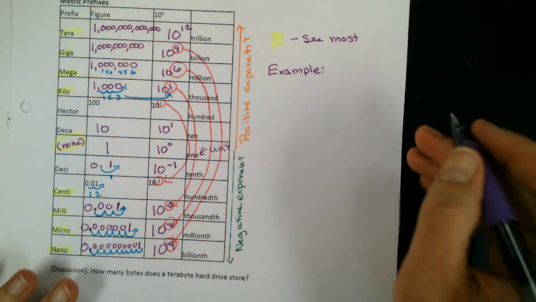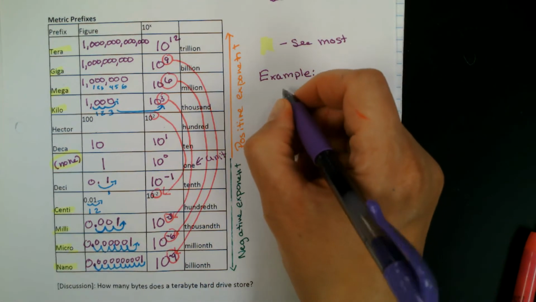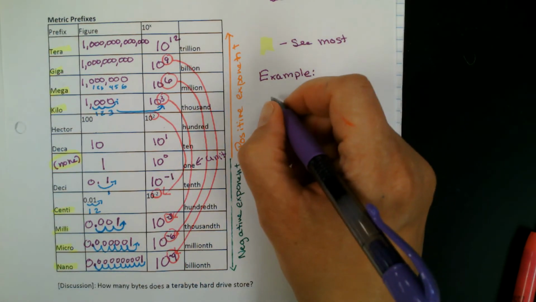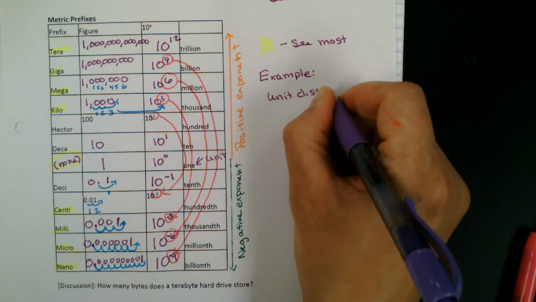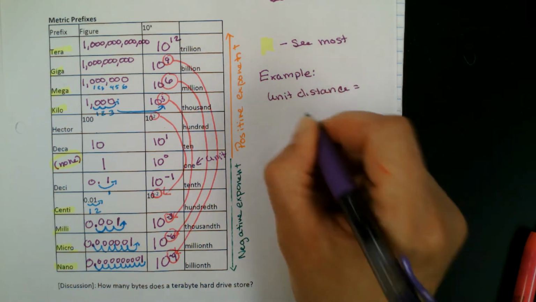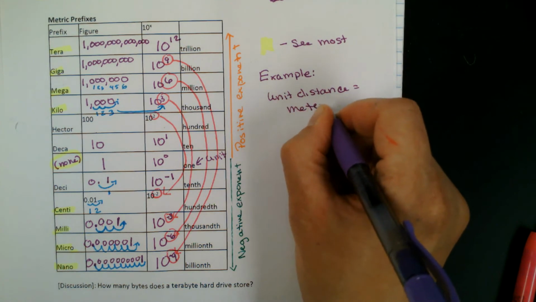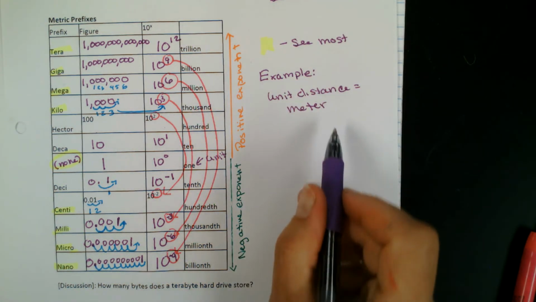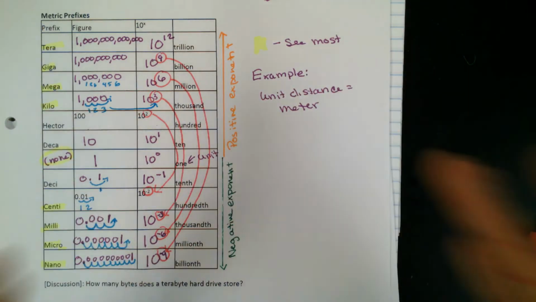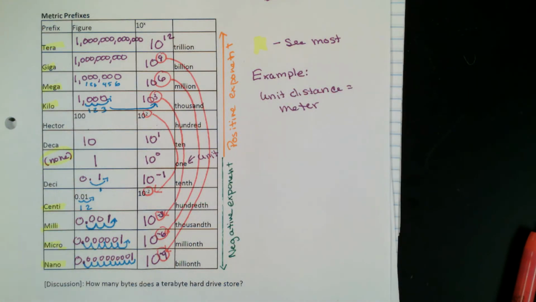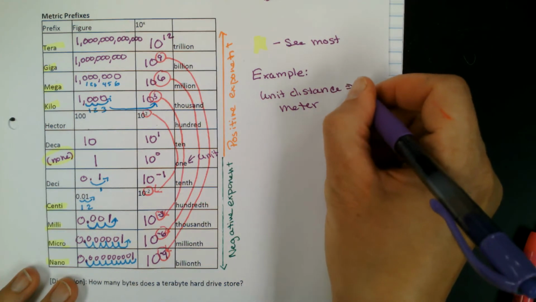So for our example here, we're going to say our unit distance is meter. So that's our unit distance that we're starting with. A meter is about the size of a yard. In other words, a meter is about 3 feet, if you're having trouble visualizing that.